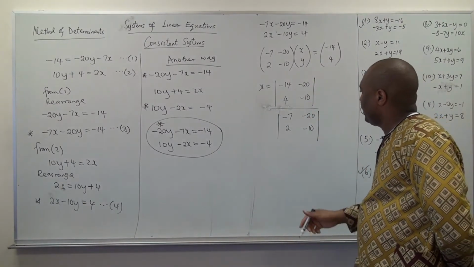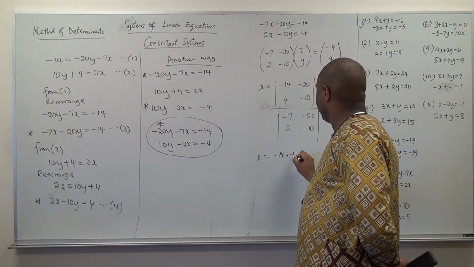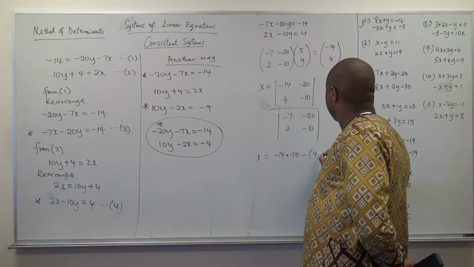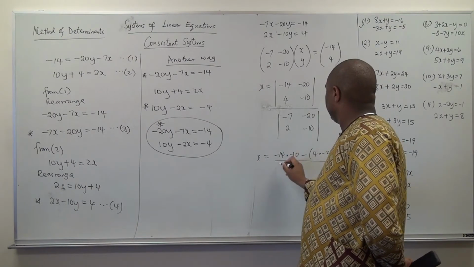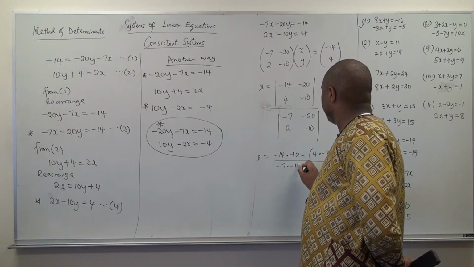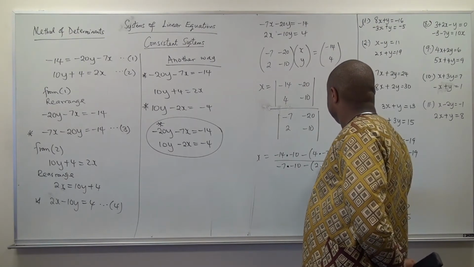So let's go ahead and find our x. Our x will now be negative 14 times negative 10 minus 4 times negative 20, all over negative 7 times negative 10 minus 2 times negative 20.